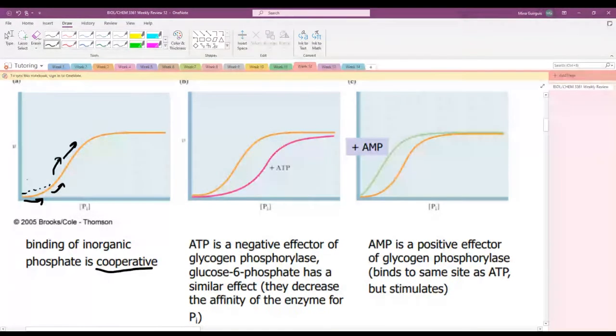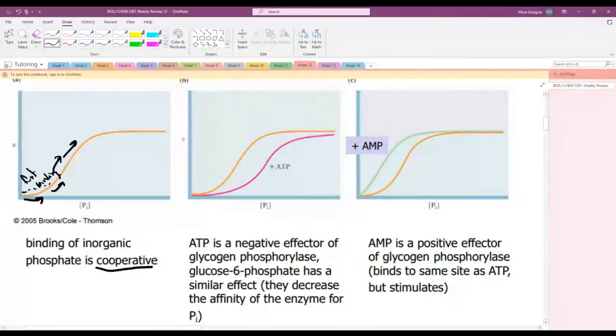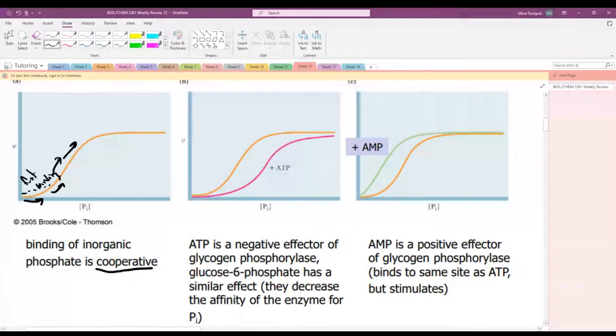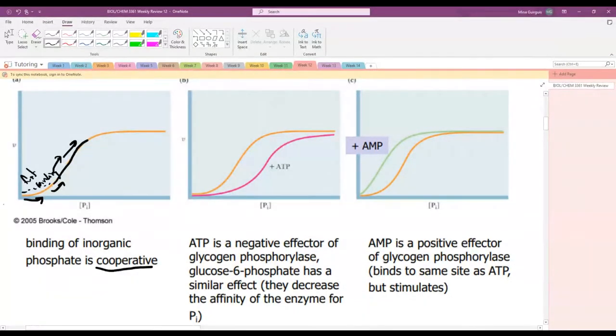Basically, this is the first binding, okay? But once the first thing has bound, you see a drastic increase in the binding of everything else and in the rate of this reaction, okay? In other words, the binding of inorganic phosphate starts off slow, gets faster, okay?